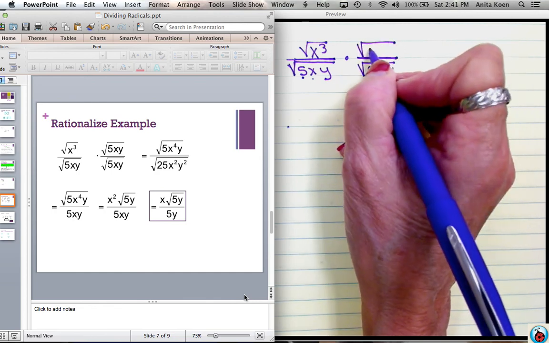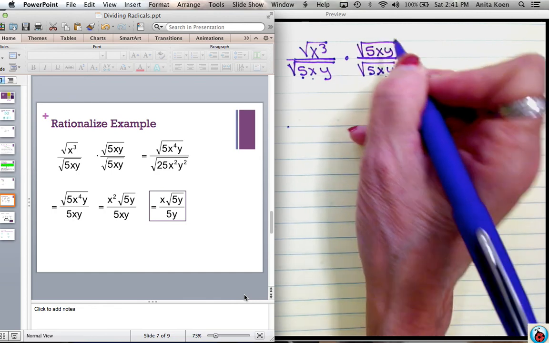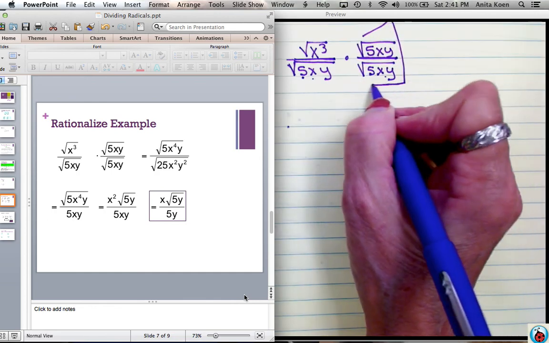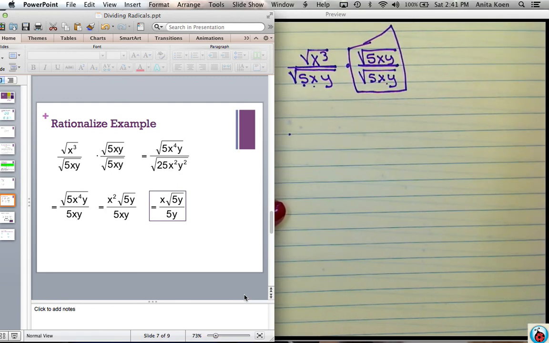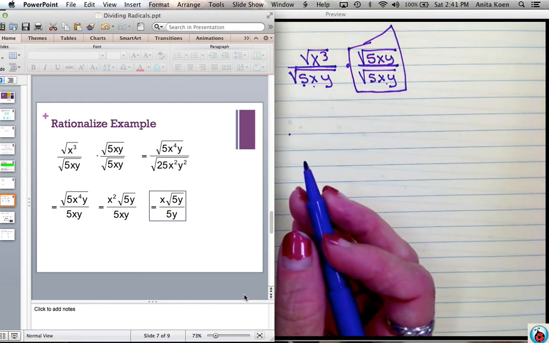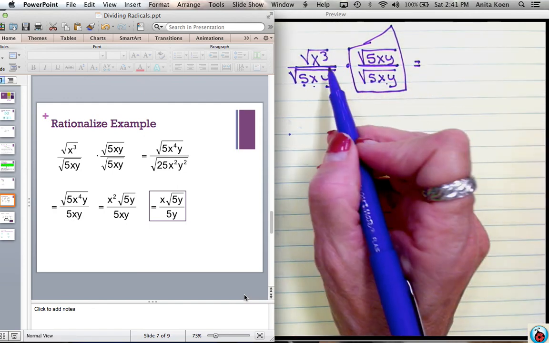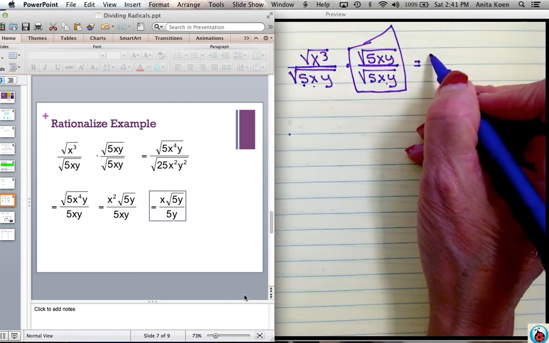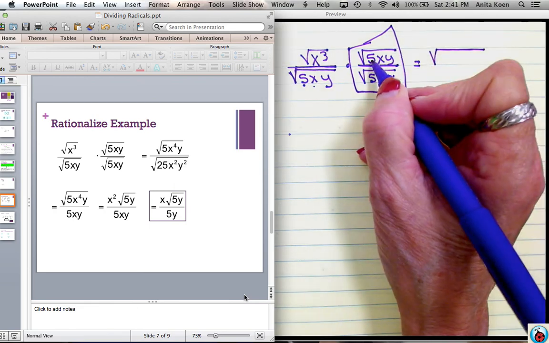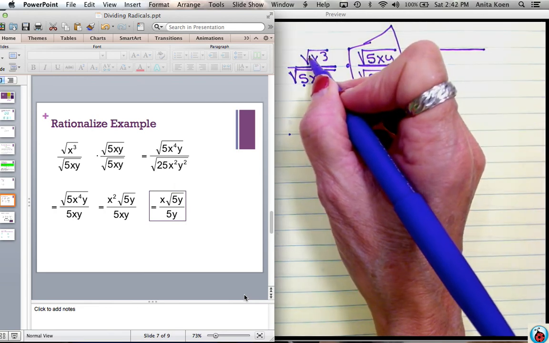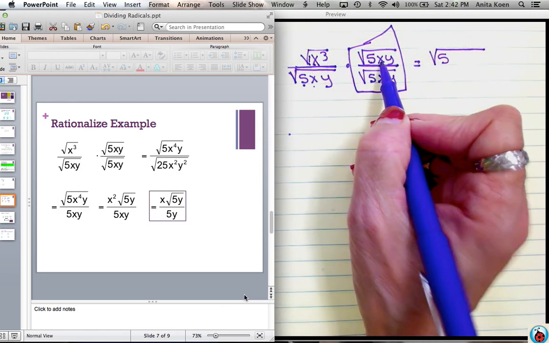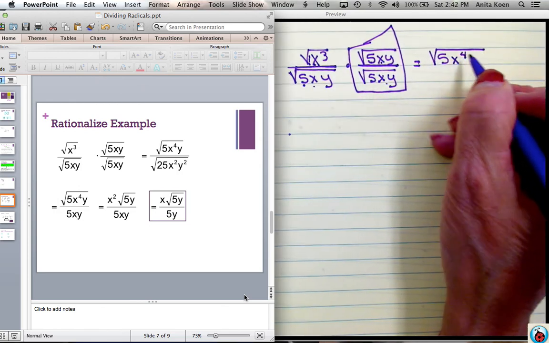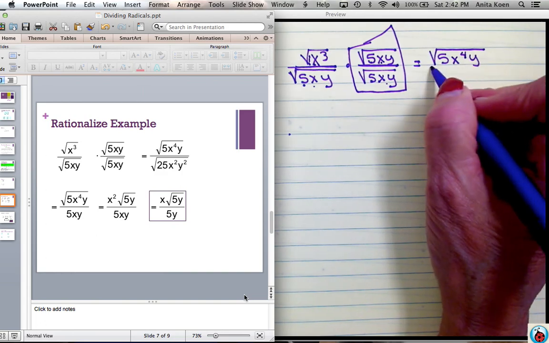Now, whatever we do to the bottom, we have to do the same thing to the top, because we have to just find a big, ugly way to write 1. So now we're going to multiply. I have 5, and there's an understood 1 right here, so 5 times 1 is 5. X cubed times x is x to the 4th times y.